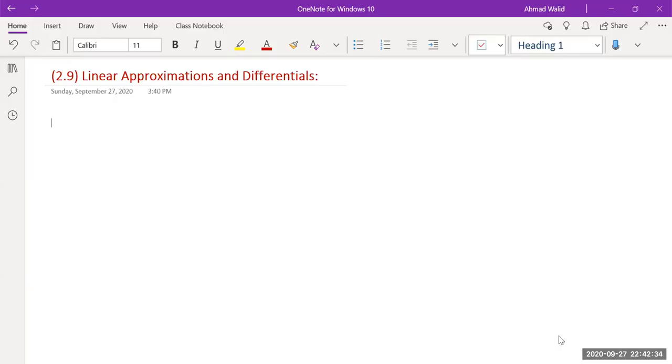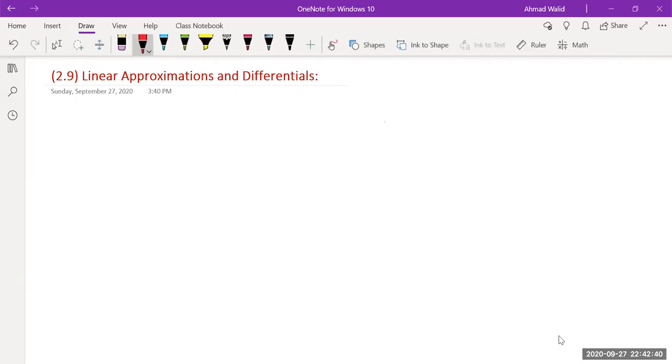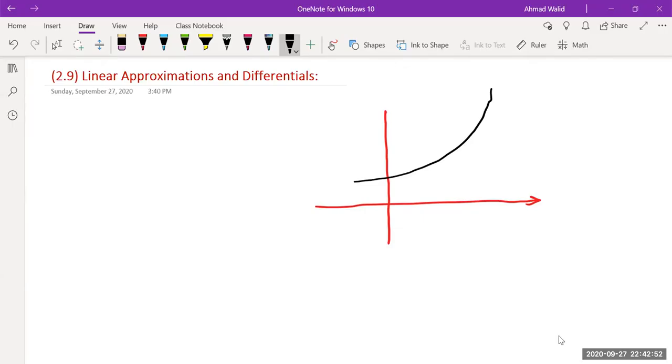In this section, we are discussing that if I have a curve, let me draw. For example, if I have this curve, let's say this one. And I have a point on this curve, which we usually name in your book point A, right?